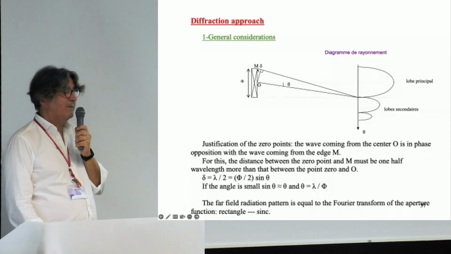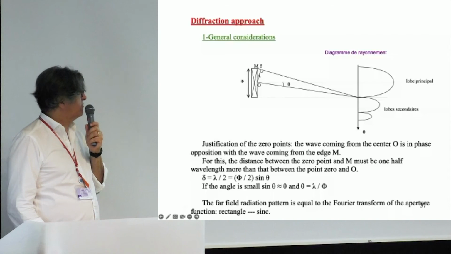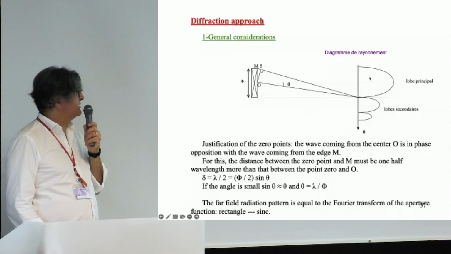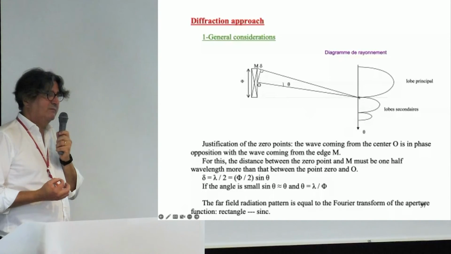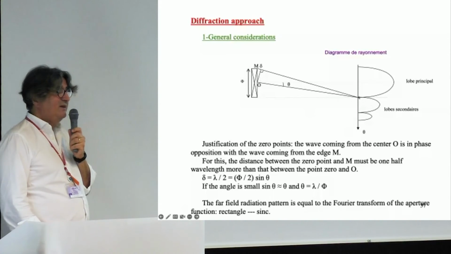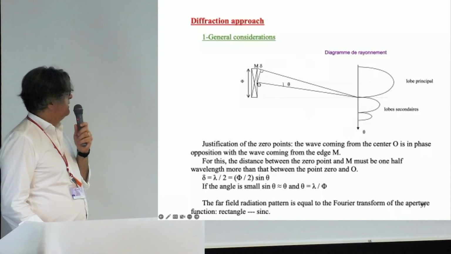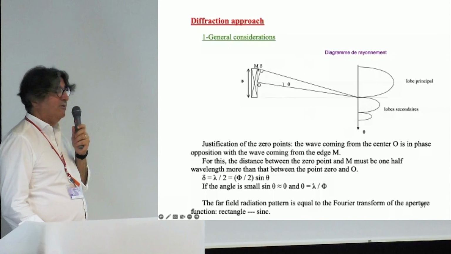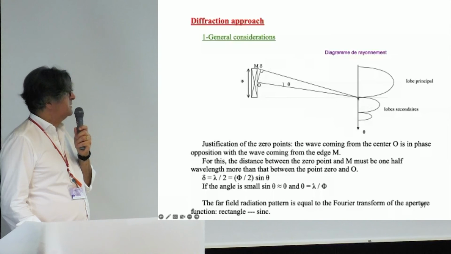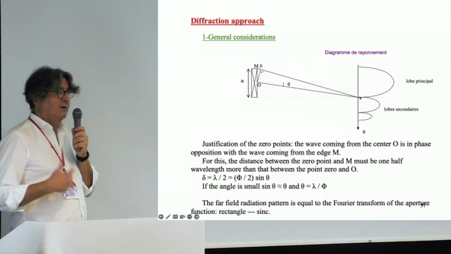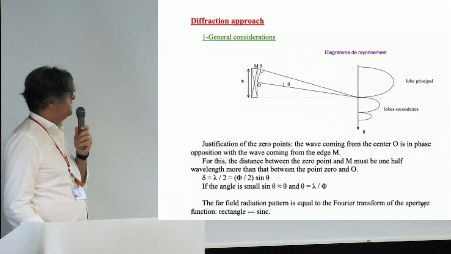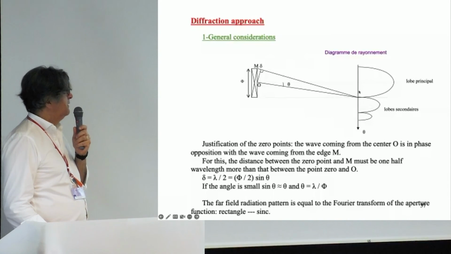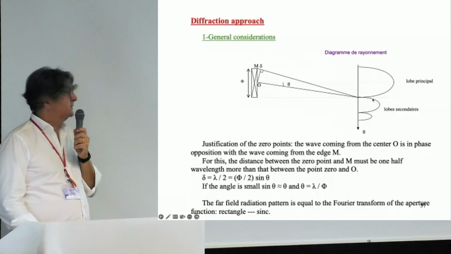Then, of course, if you are located in a transverse direction, there will be a distance where the interference of the wave emitted at the center and the wave emitted on the edge will be destructive. It means that you have an opposite phase, because the path difference, delta, will be equal to lambda over 2.